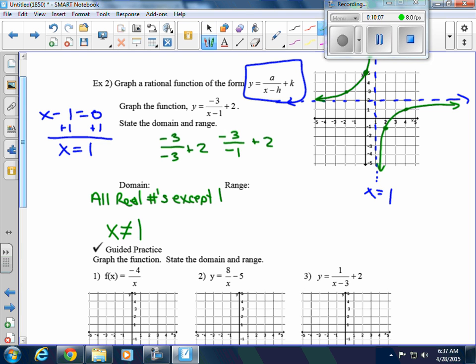So either one of those is fine, and our range is the same type of thing: all real numbers except in this case 2, or you can say y cannot equal 2.